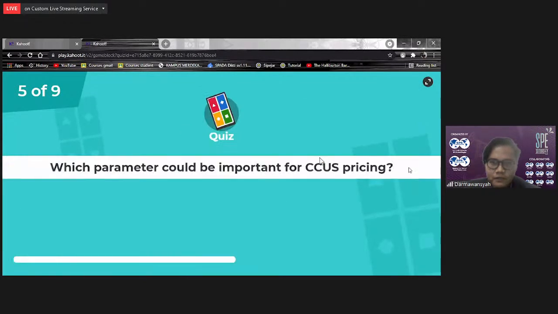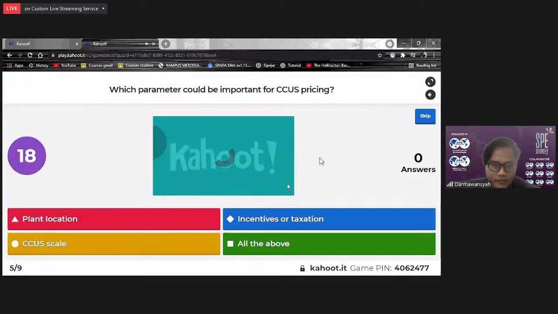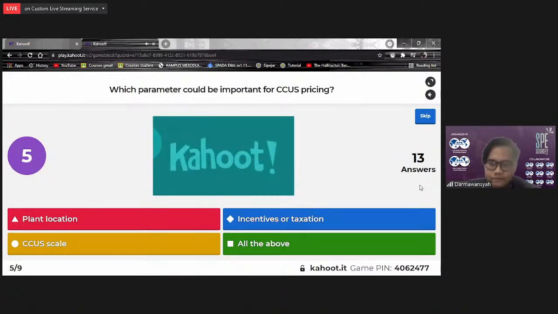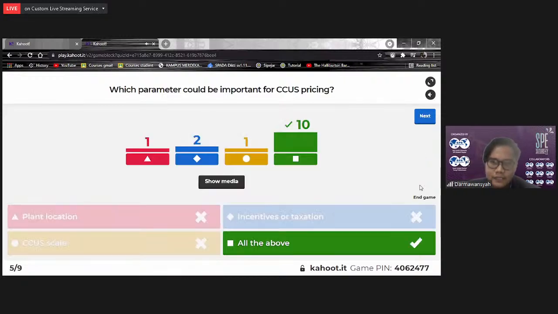Which parameter could be important for CCUS pricing? Is it plant location, incentive or taxation, CCUS scale, or all of the above? Three, two, one. Yep, the answer is all of the above.